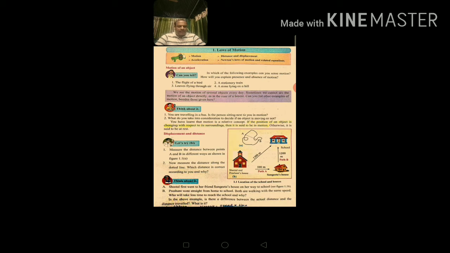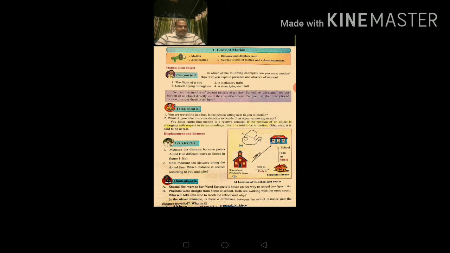Sheetal and Prashant live in one home and go to one school, but their paths are different. Sheetal goes to Sangeeta's house first and then to school, but Prashant goes directly to the school.